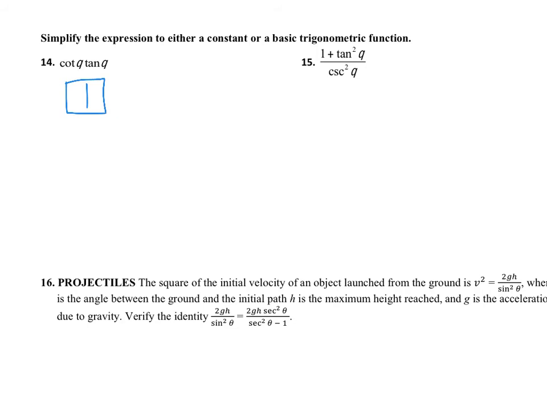Alright, for 15, a Pythagorean identity is on top, so we could change that to secant squared theta over cosecant squared theta. Let's leave that alone for now. So let's change secant to 1 over cosine.